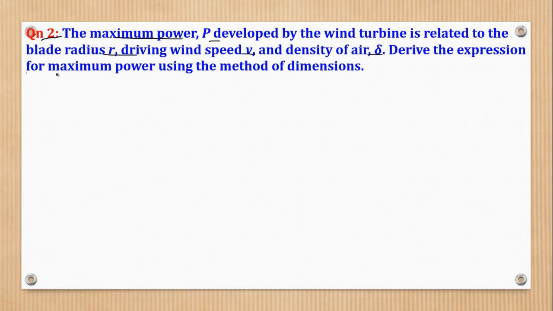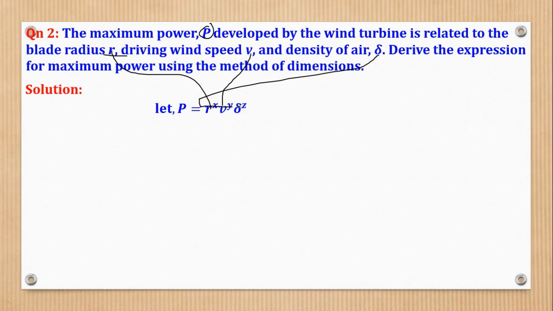Derive the expression for maximum power using the method of dimensions. So let P be in this form, because they said P is related to R, so it is R to the power X because we don't know the power, related to V, so V to the power Y, and density, which is sigma to the power Z.